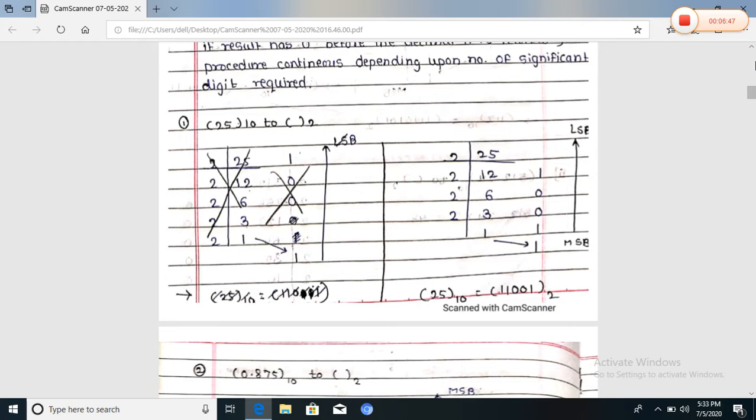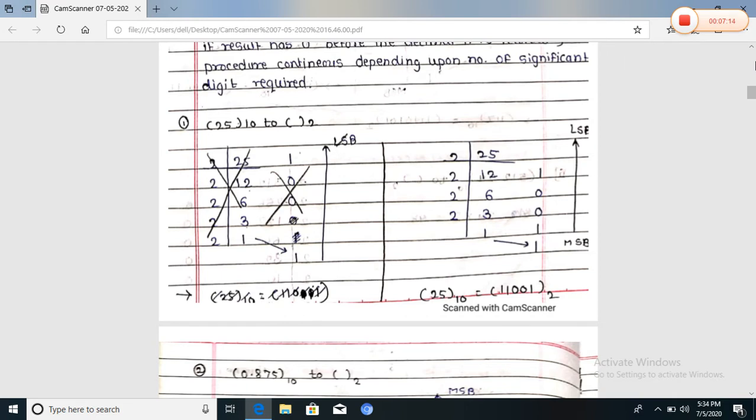Finally 1 is not divisible by 2, so this 1 is recorded as the remainder.